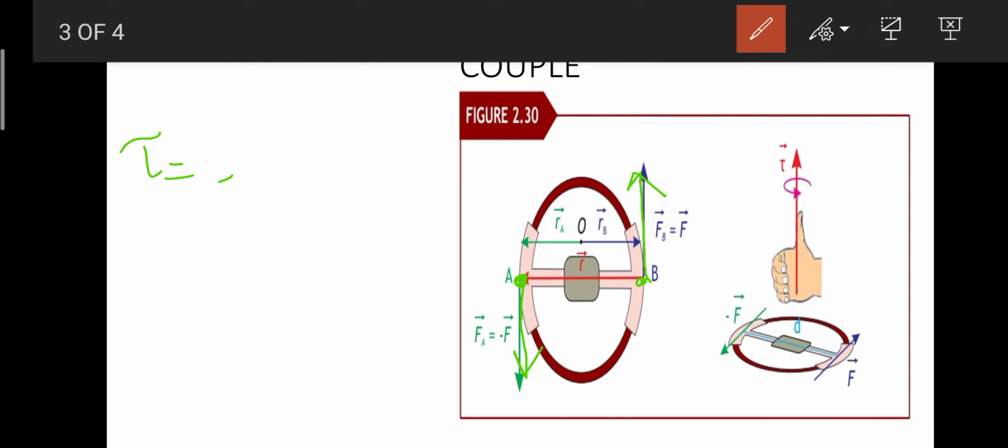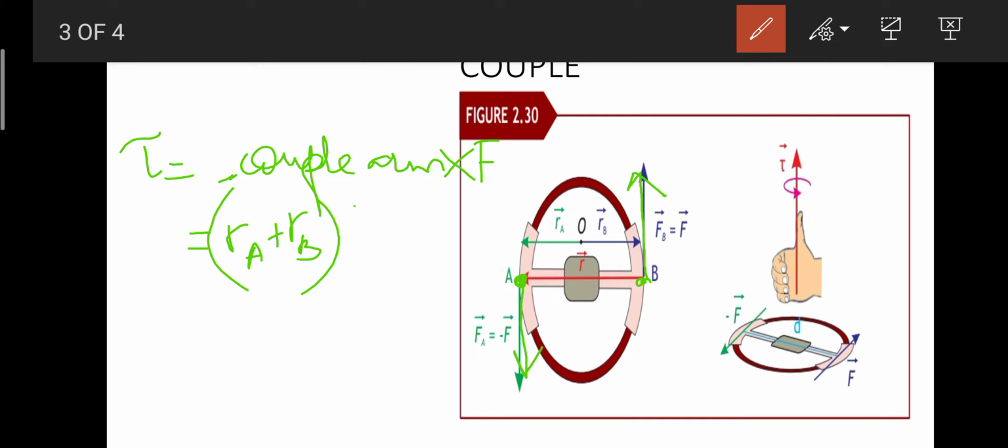The value of force for both of them is basically F. And the couple arm can be calculated as Ra plus Rb, into F, right? So Ra plus Rb would be equal to R. So ultimately the equation remains the same: tau equals R F.